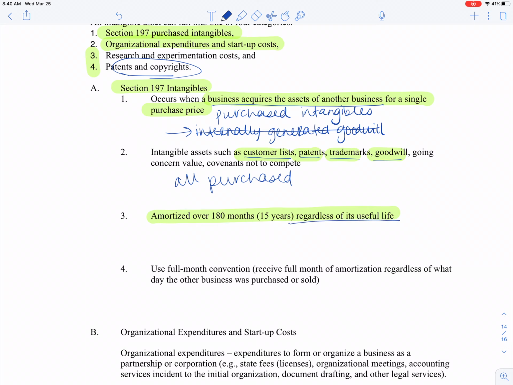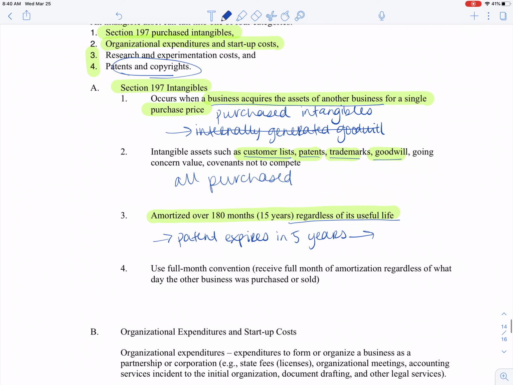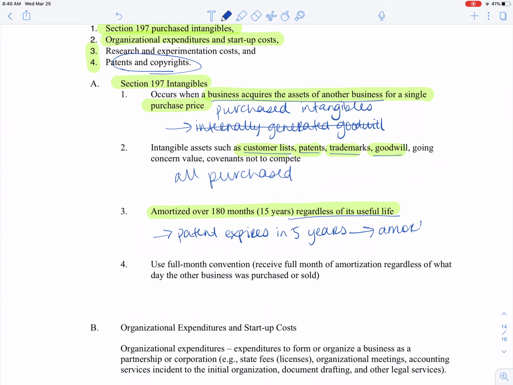And regardless of their useful life is really important because you'll see examples where there's a patent that expires in 5 years. And our tendency is to say, okay, I should amortize that patent over 5 years of its remaining life. No, you amortize over 180 months or 15 years.